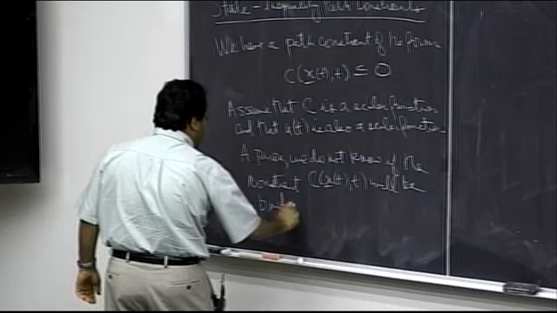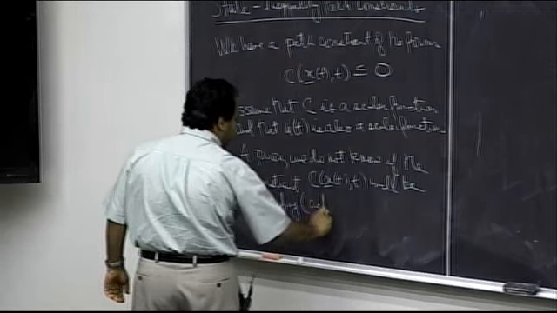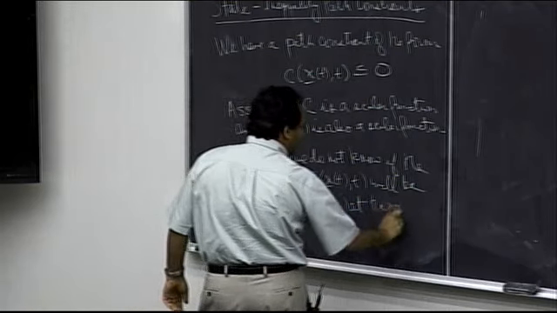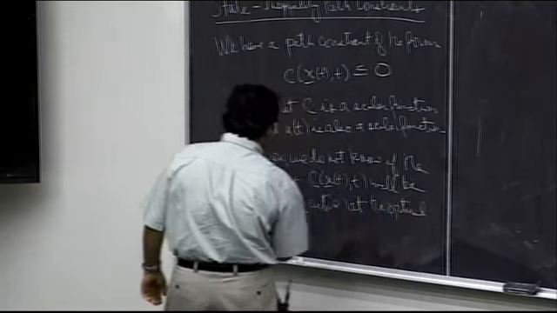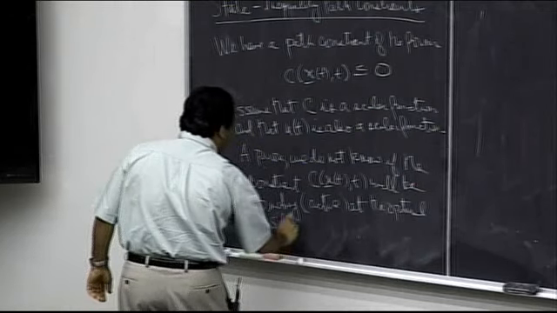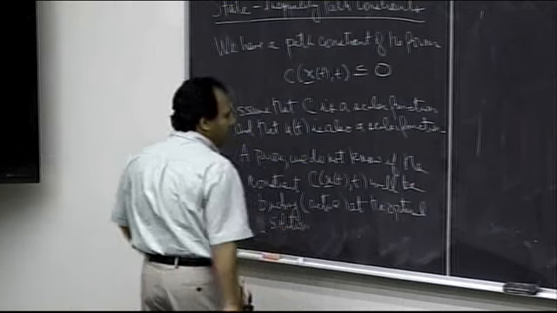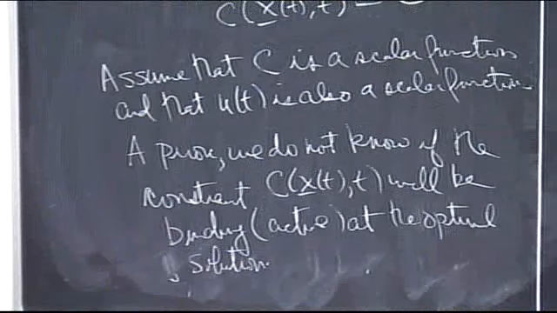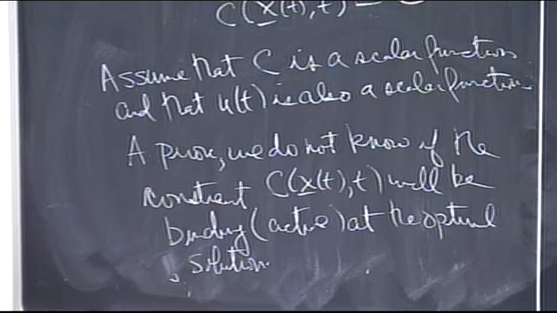When I say binding, it's another word for saying active at the optimal solution. So that creates a conundrum in and of itself, right? Because ahead of time, you don't know whether this constraint is going to be active. If it's not active, it's as if it's not even in the problem, right? So you have to make some assumption.